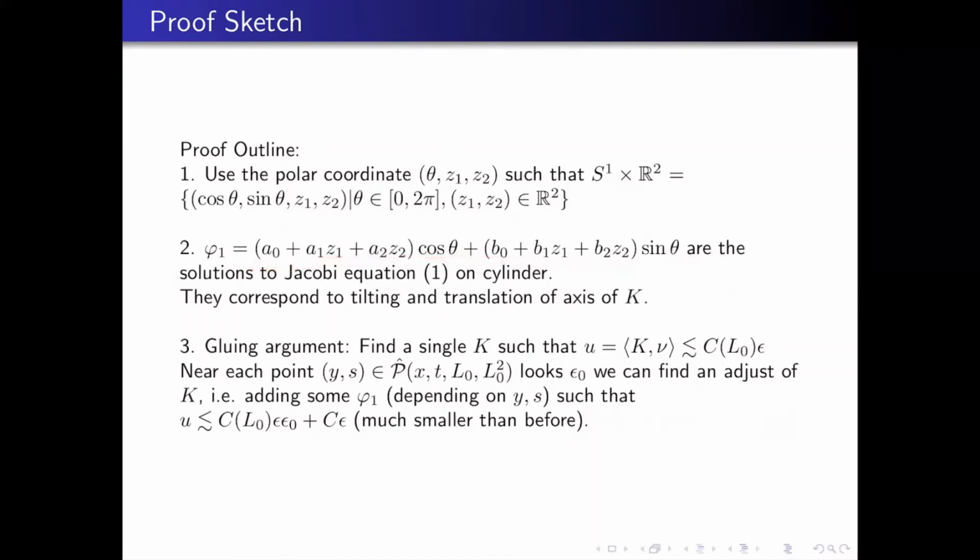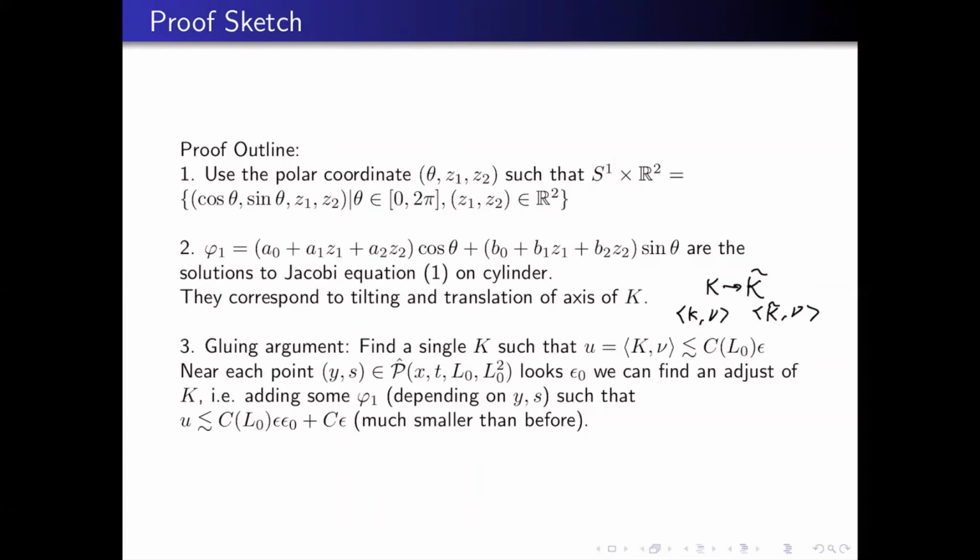This family of solutions are solutions to the Jacobi equation on the cylinder. They correspond to the tilting and translation of the axis of k. That means if we modify k a little bit by k tilde, then the resulting k dot nu will roughly change by this B1 and add some higher order error.